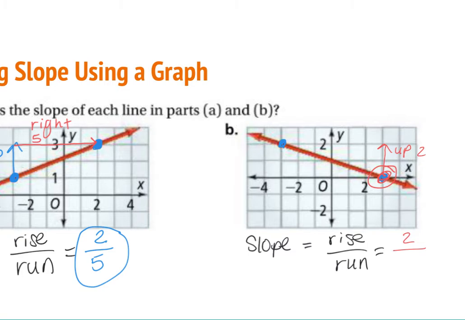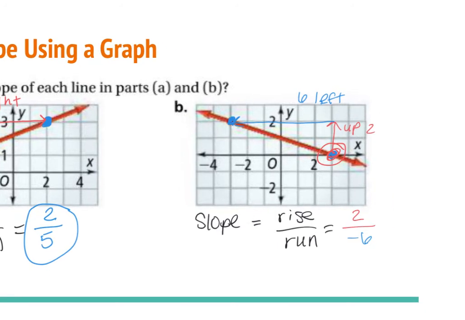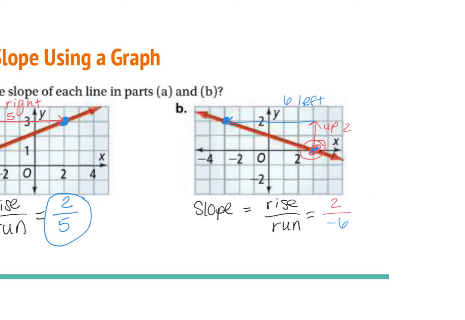A 6. In what direction? Yes, 6 left. So that's going to be negative 6. This one's a little bit different, though. Can we simplify this? To what? Good. 1 over negative 3, or just negative 1/3.